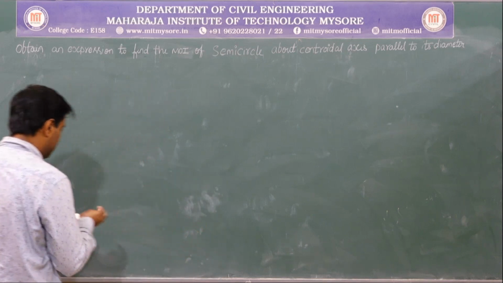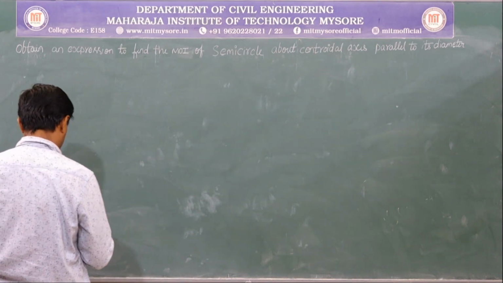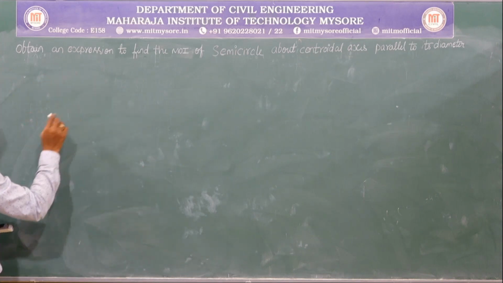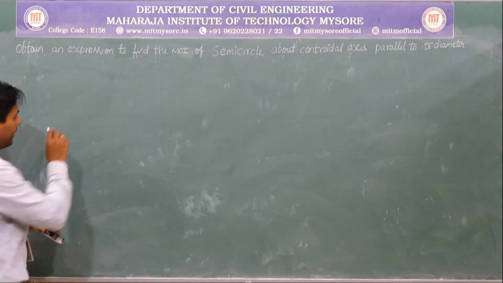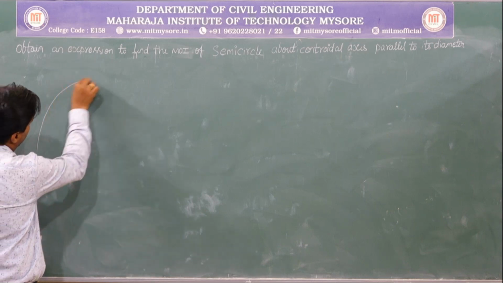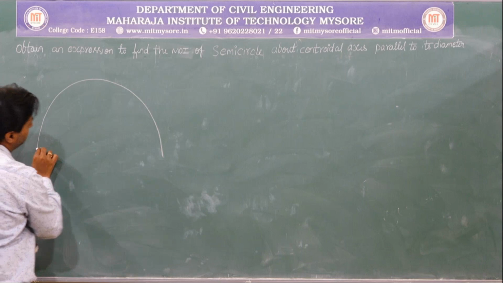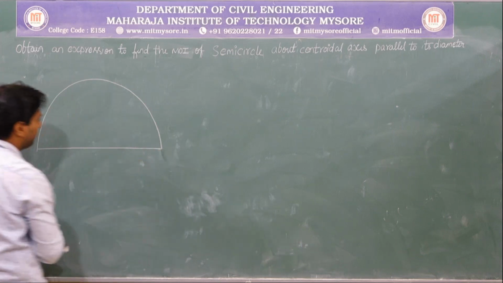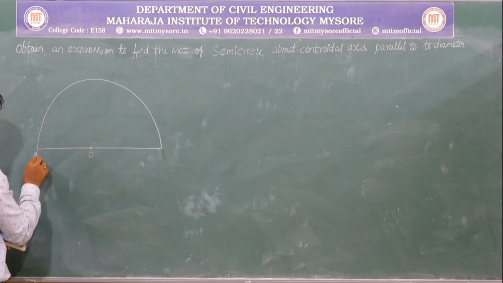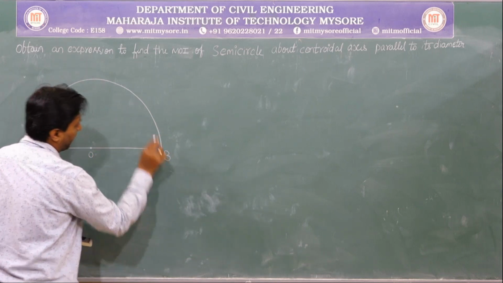Okay, it's a semicircle derivation that I will be taking up now. So observe here. Now let me consider a semicircle. It needs to be a little bit bigger. This is point O. Let me consider this as AB.